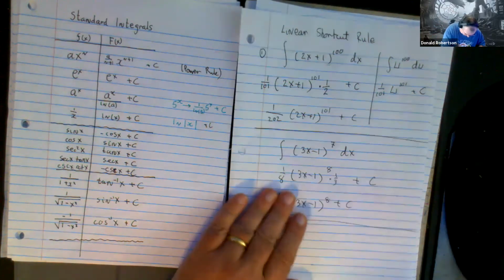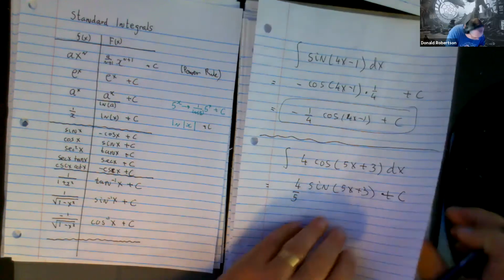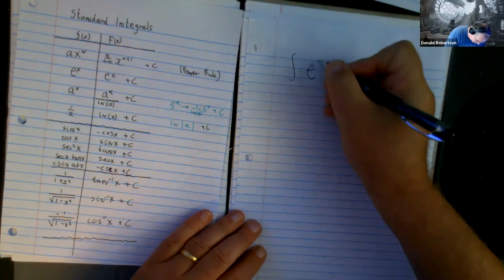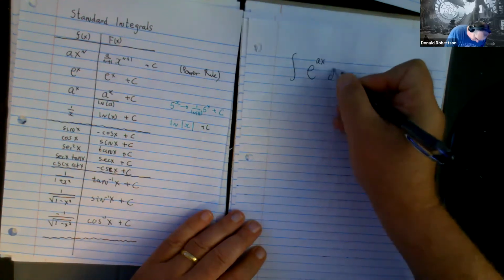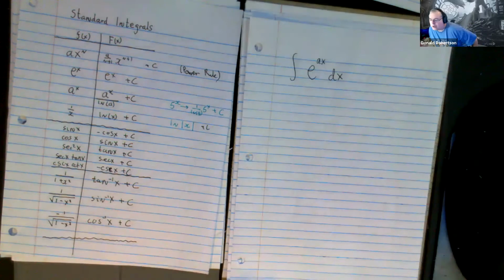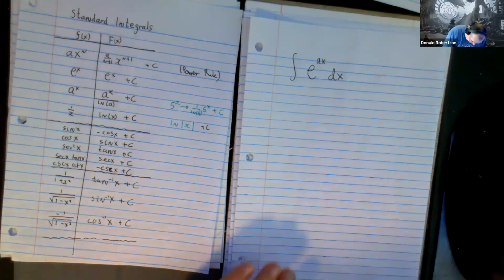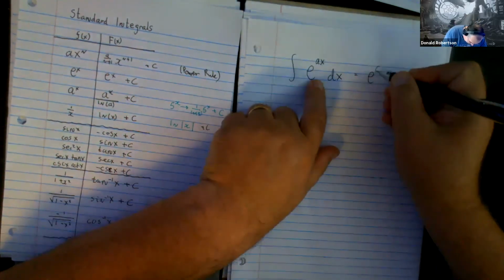Okay, then let's see if I can make your life even more general. I would like to know the integral of e to the ax. Now we know how to get e to the x, my favorite guy. Let's do e to the ax. That would be like e to the 5x, e to the 2x, things that look like that. E to the something, right, gets you e to the ax.